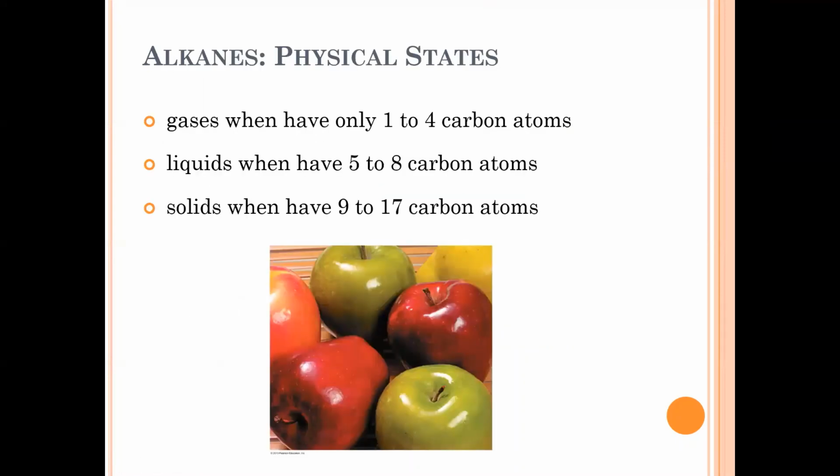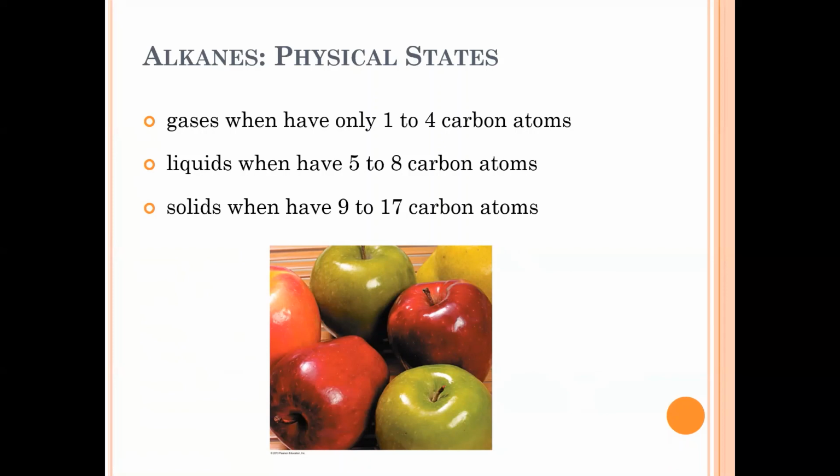And the big thing to remember when we're dealing with alkanes in general is the physical state. So alkanes are gases when they're 1 to 4 carbons long. Hence, propane is a gas that you use in a gas grill. There are liquid states when we have 5 to 8 carbons. So when we say a liquid state, we think of the gasoline you put in your car, and we think of octane, right?